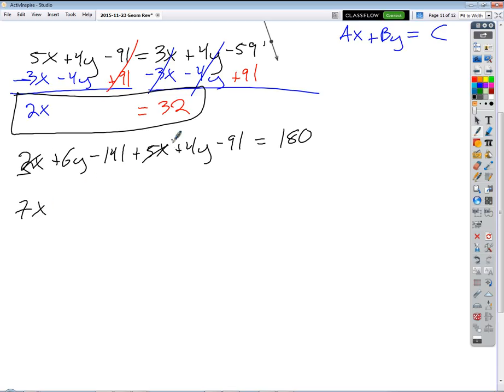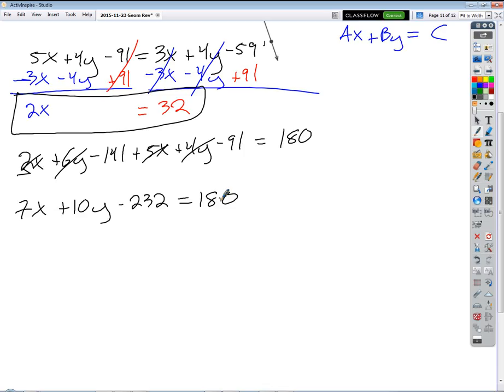What about the y's? 10y. Very good. And while we're at it, let's go ahead and add up the other numbers. But what is negative 141 plus negative 91? Negative 232, I think. You can check me. I think that's right.